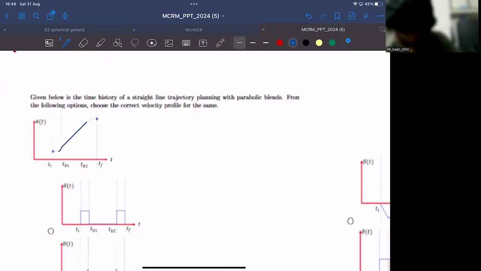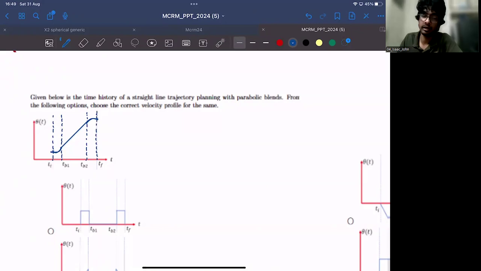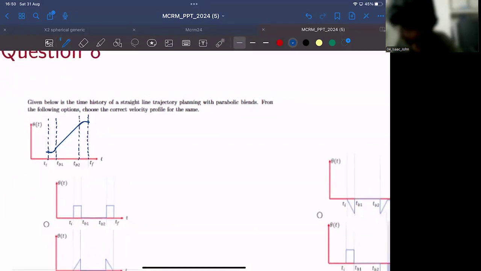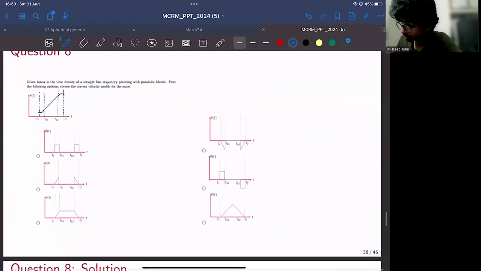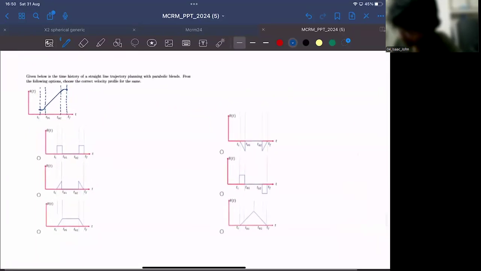It's a straight line. Here it is parabolic. This is the initial time. This is the time for initial blend. This is the stopping of the linear motion, and this is the final blend. So out of all these options, which would be the correct answer?